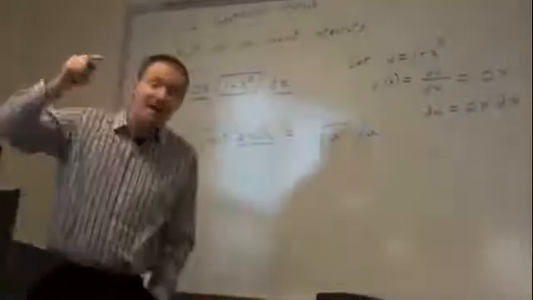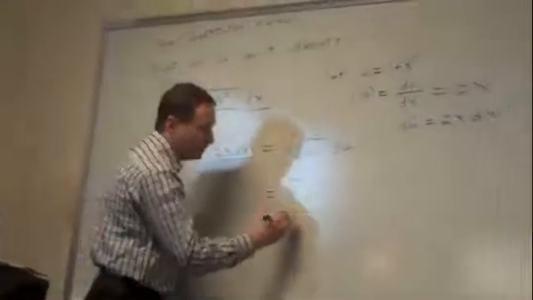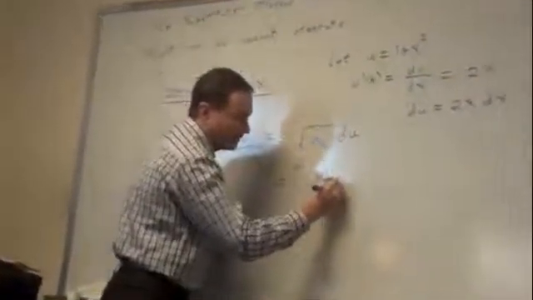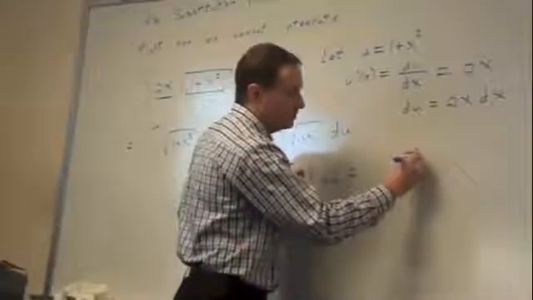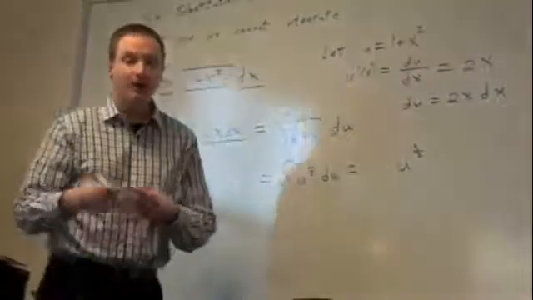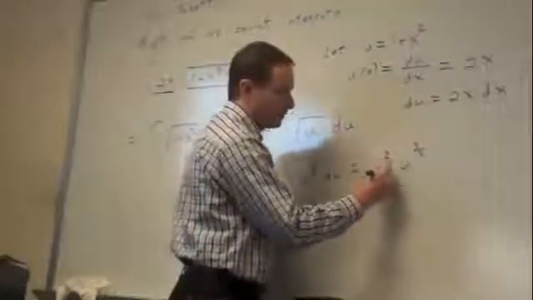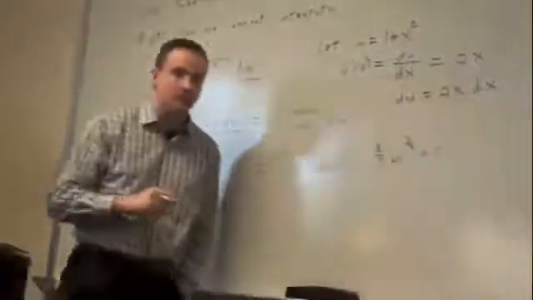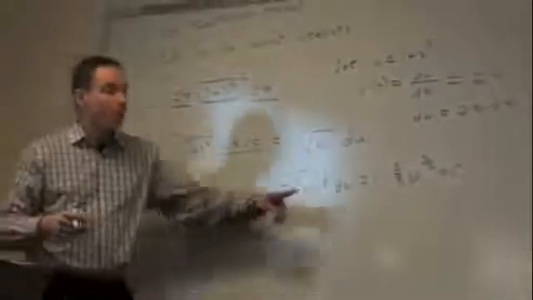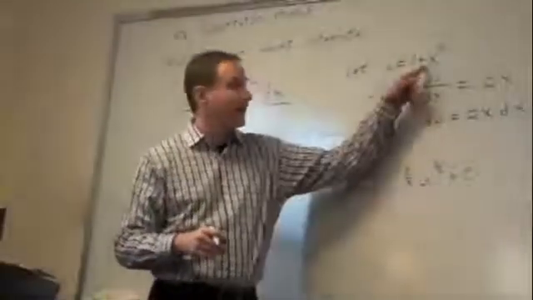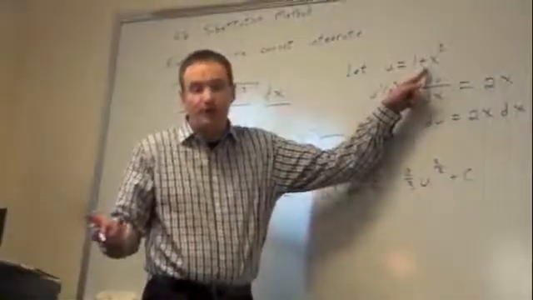So you'd say, okay, if I have the integral of the square root of u du, now it's just power rule. You say, well, this is the integral of u to the 1/2 du. Now we integrate. Power rule says add 1 to the exponent, u to the 3/2, divided by that new exponent, multiply by 2/3, plus your constant of integration. Then you can say, okay, you don't want the final answer in terms of u. No, I don't. So once you integrate, then you can back substitute. We know u is just 1 plus x squared.